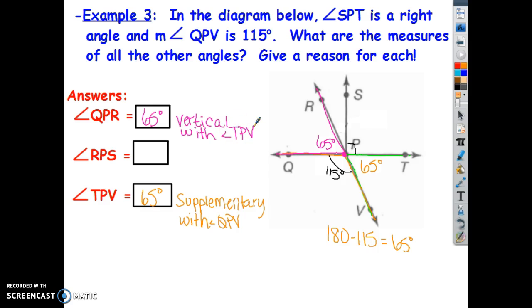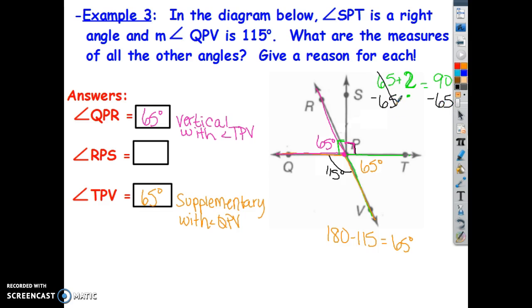And now lastly, we can solve RPS, as we know that if SPT is 90 degrees, then this whole angle right here also has to be 90. So QPR and RPS have to equal 90 degrees. So 65 plus some number, should be a question mark, is equal to 90. We can solve this by subtracting 65 degrees from 90.